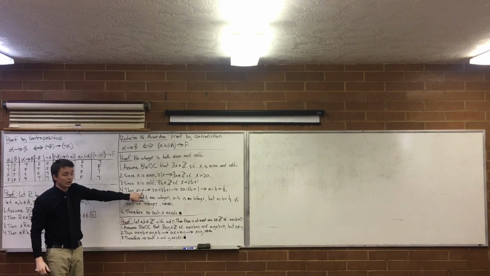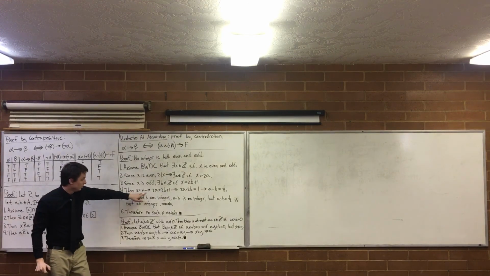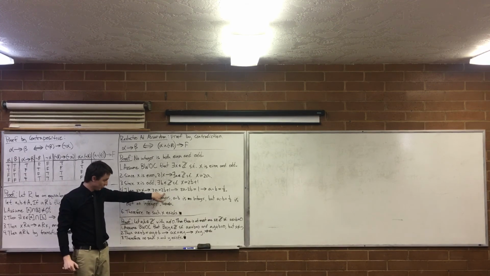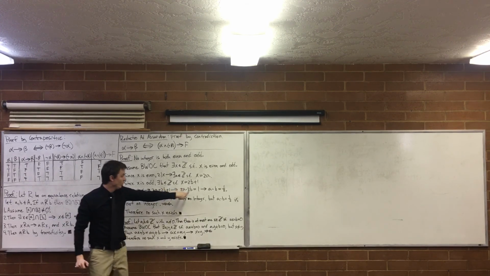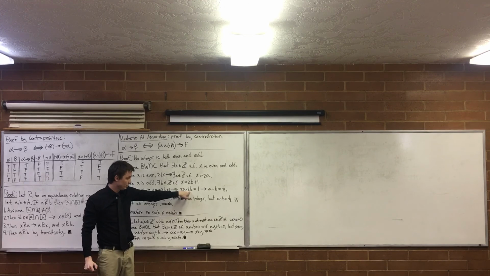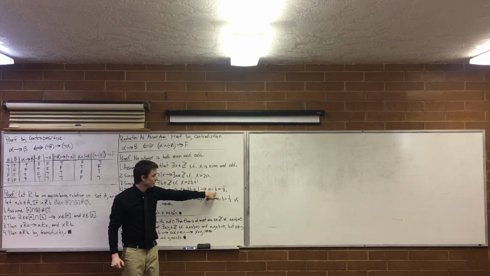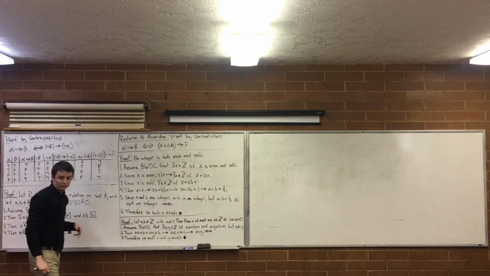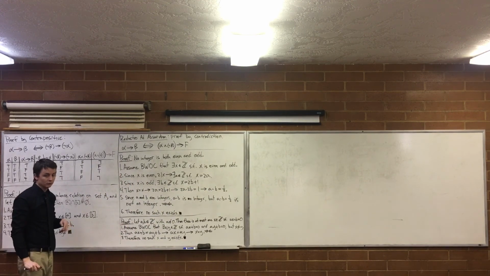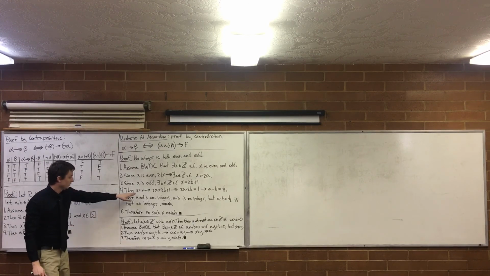Then x is obviously equal to x, which gives us 2a is equal to 2b plus 1. Which gives us 2a minus 2b equals 1. Which gives us a minus b equals 1/2. You follow the algebra there? Yes.